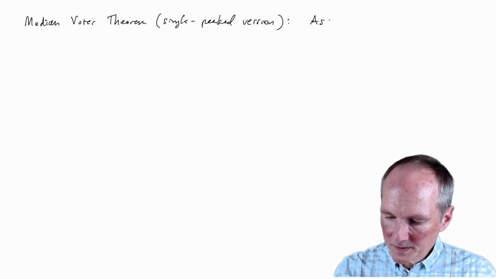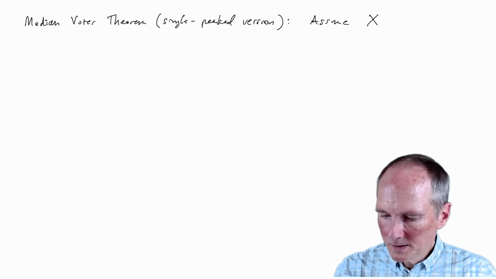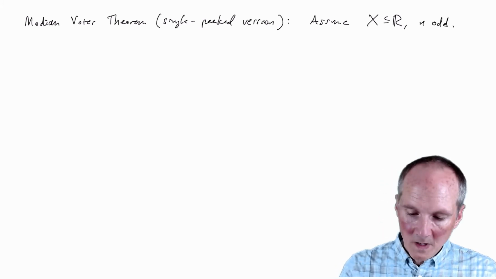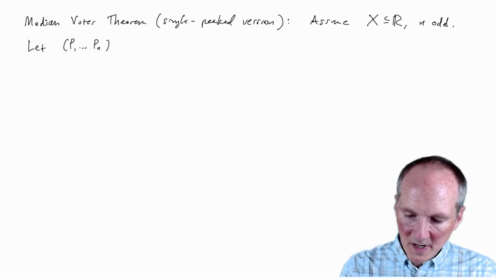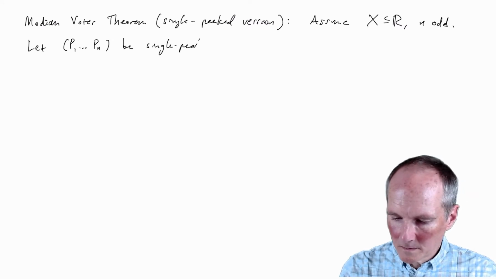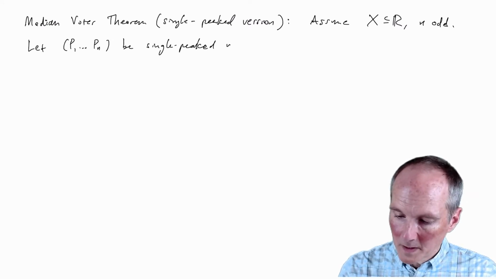All right, so we're going to assume, as usual, we're in the one-dimensional model, and n is odd. Let P1 to Pn be single peaked with distinct ideal points.